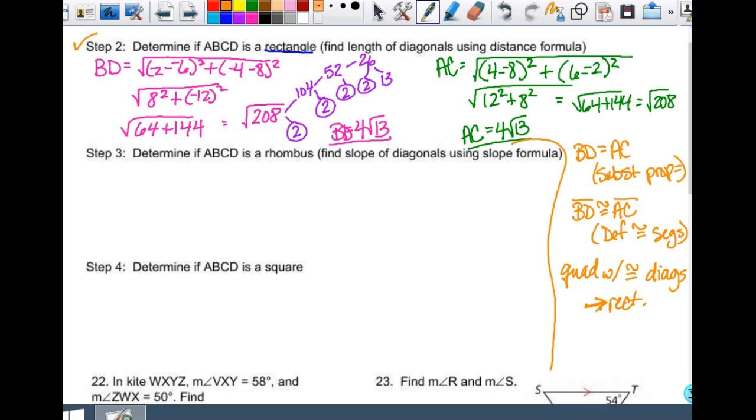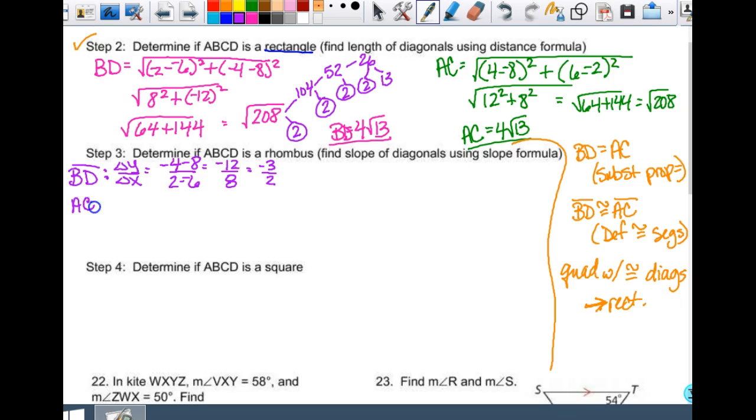Now I have to determine if it is a rhombus by finding the slope of the diagonals. Starting with line segment BD, slope is delta y over delta x. For BD, that's negative 4 minus 8 over 2 minus a negative 6. It's negative 12 over 8, which gives me negative 3 halves.